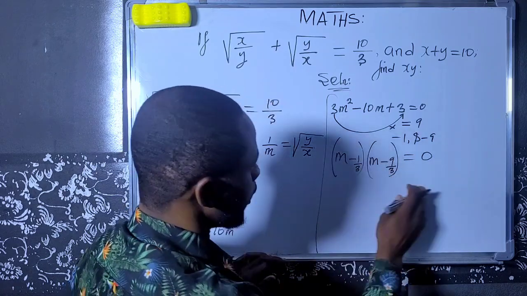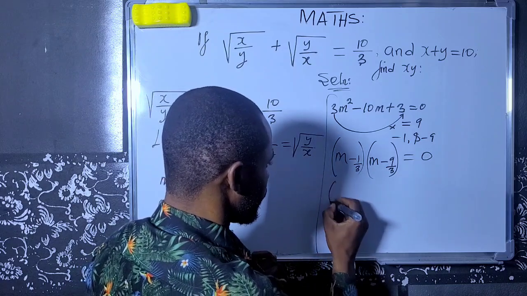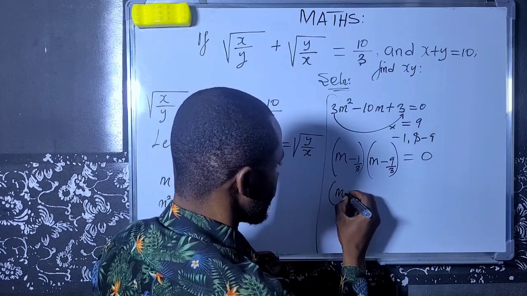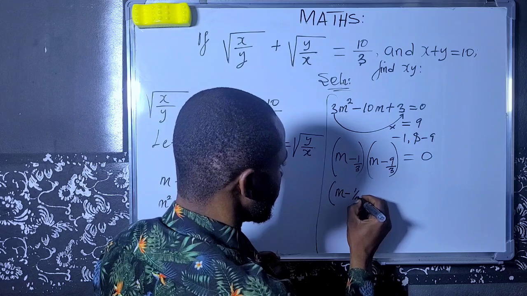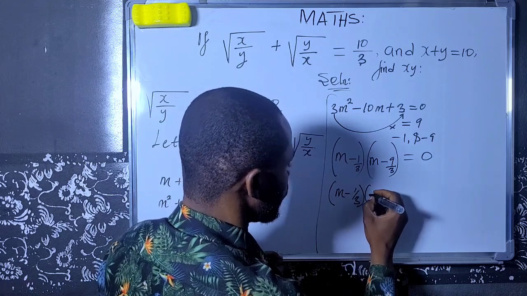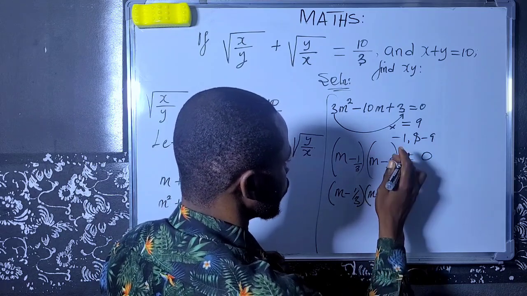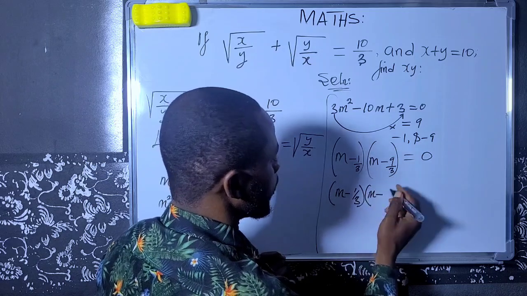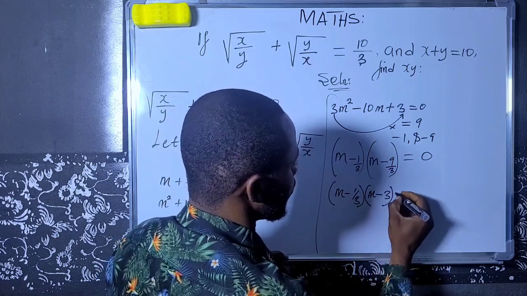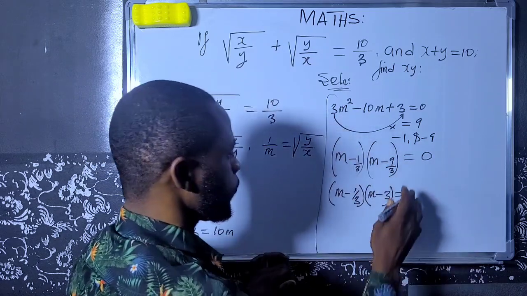Then at this point we are going to have m minus 1 over 3 into brackets m minus 9 divided by 3, that will give us 3 here, equals 0.